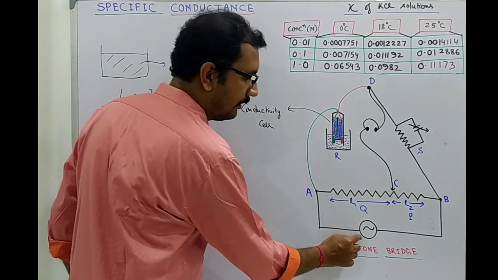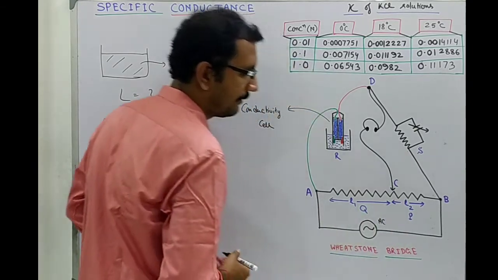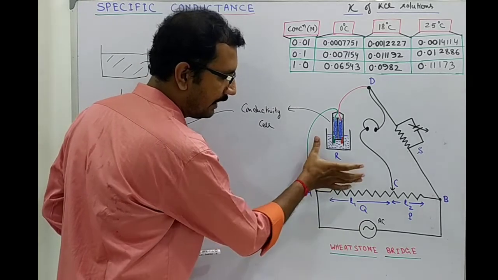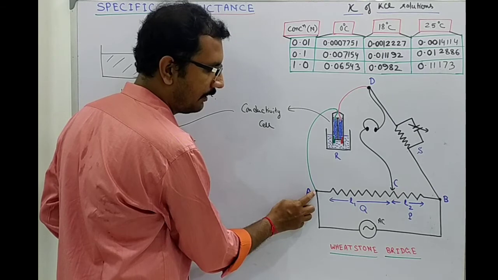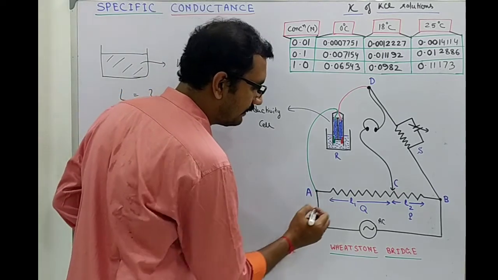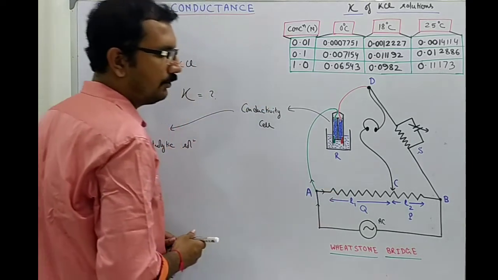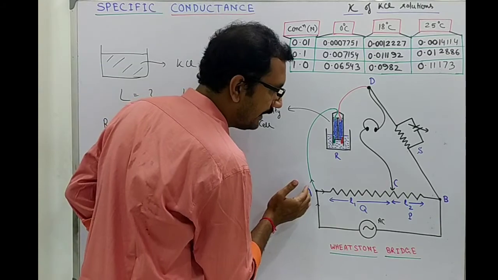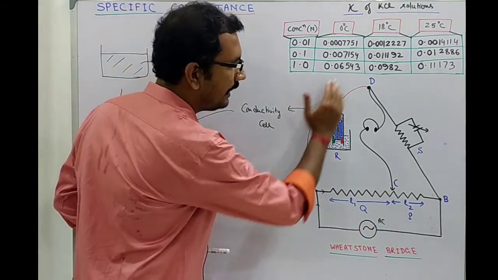Now, we have an alternating current source, and that is entering into this circuit through this point A. After entering, it is divided into two branches, one along ACB and another along ADB.